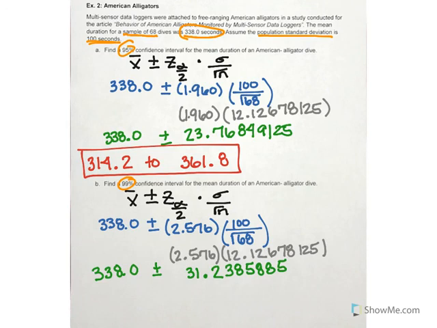So when I take that number and subtract it from 338, and we're going to do one decimal, I get 306.8. And when I add, I'm going to get 369.2.